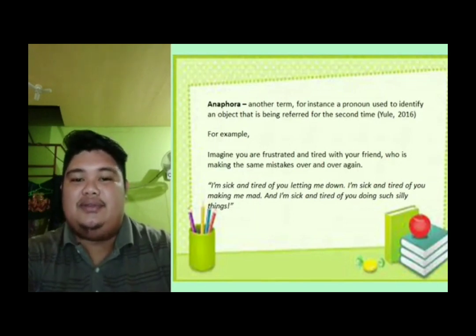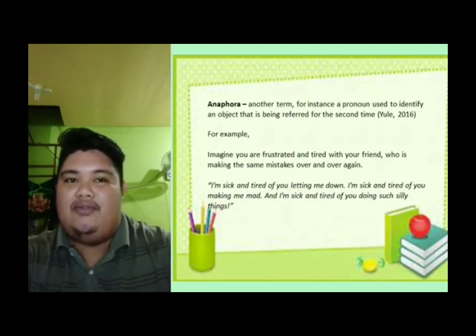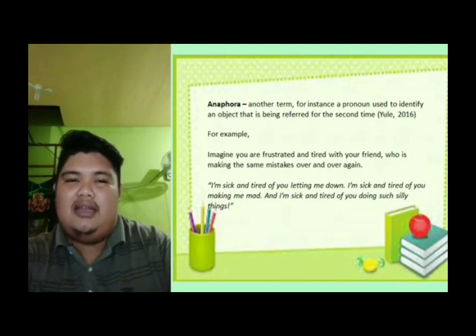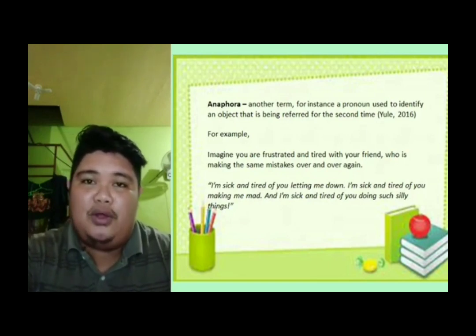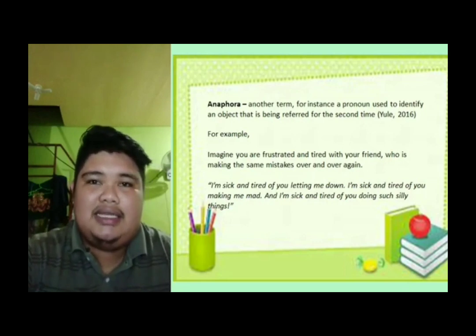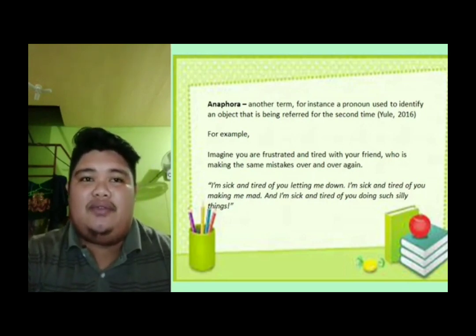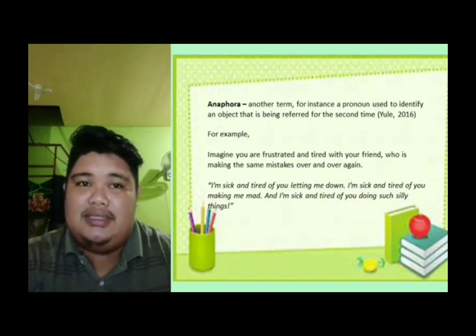So, our last discussion will be anaphora. Anaphora is another term, for instance a pronoun, used to identify an object that is being referred to for the second time, according to Yule 2016.